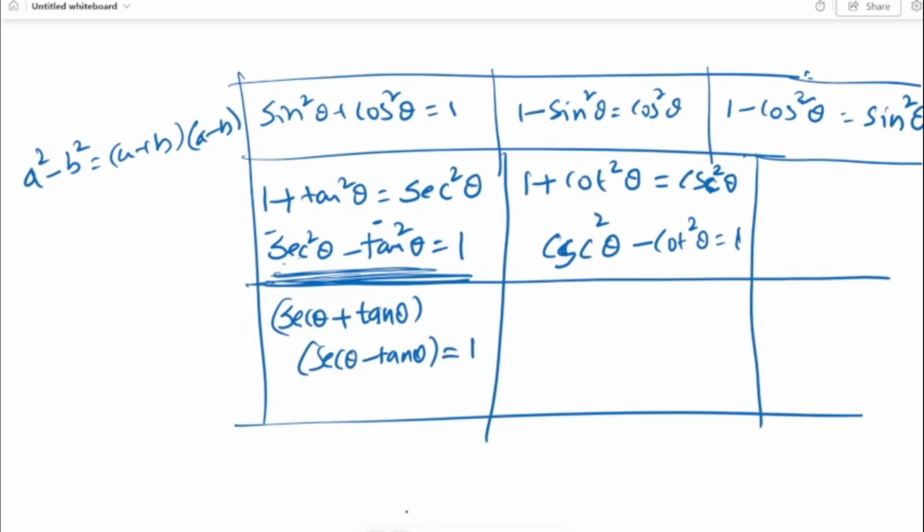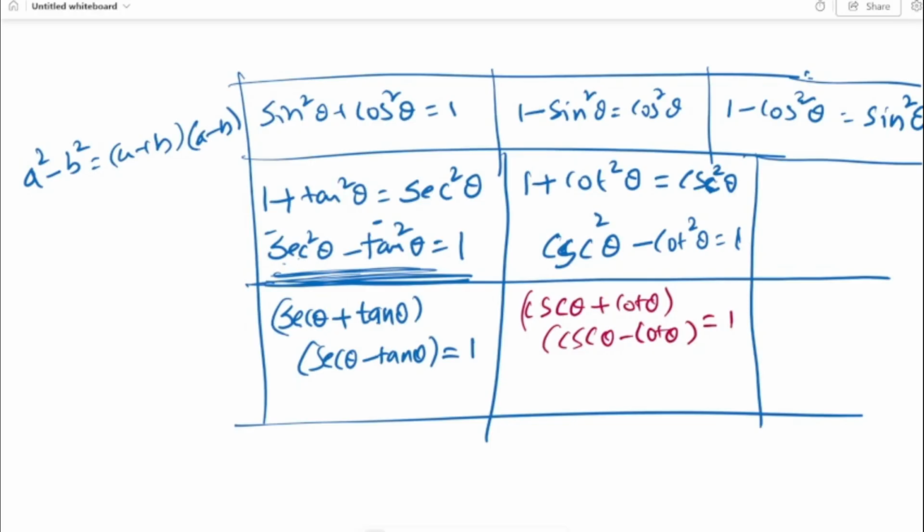Likewise, cosecant theta plus cot theta times cosecant theta minus cot theta will also be equal to 1. There is lots of simple algebraic manipulation involved, and lots of questions in trigonometry. I'll discuss some of them as examples, and I'll give some of them as exercises in the next tutorial.